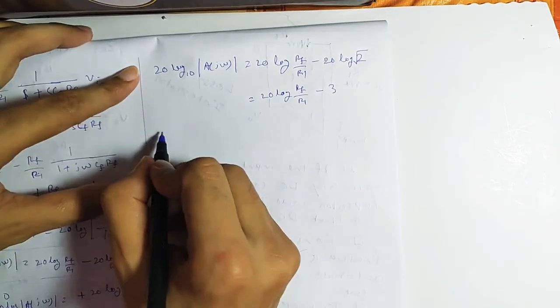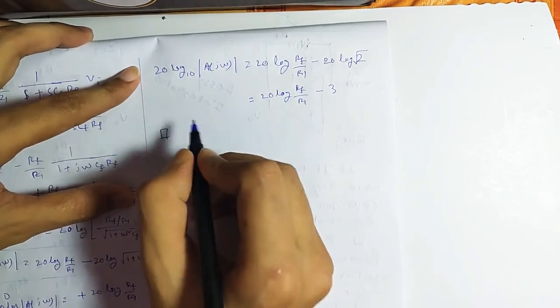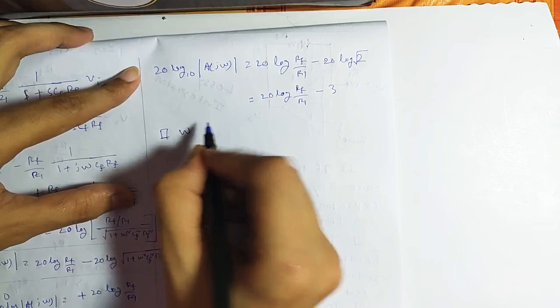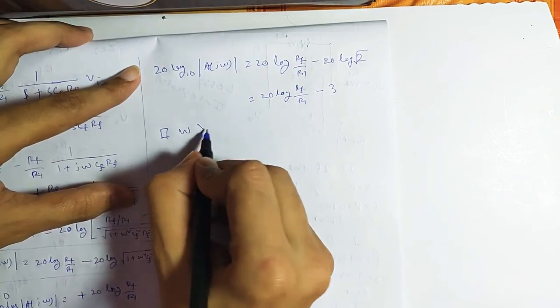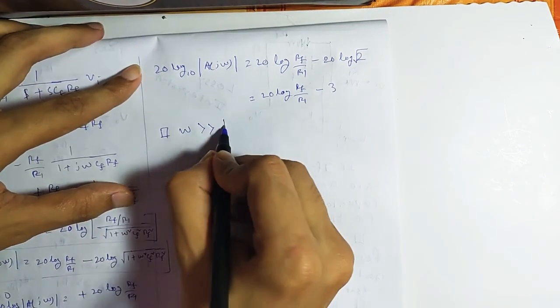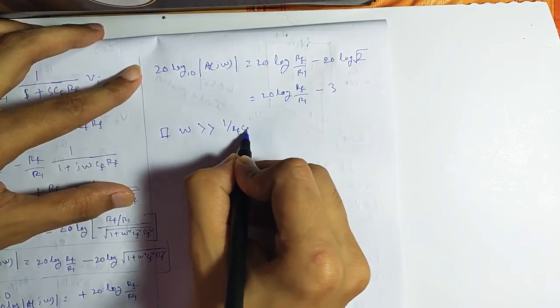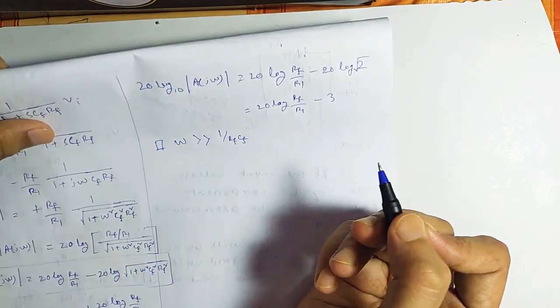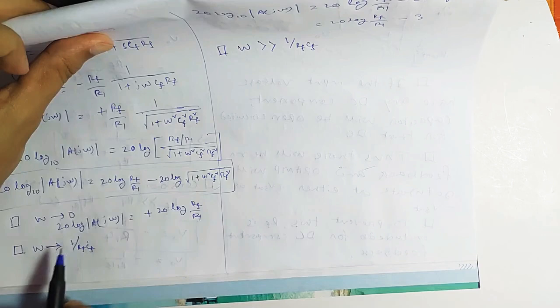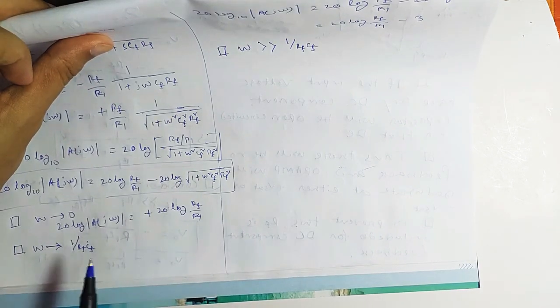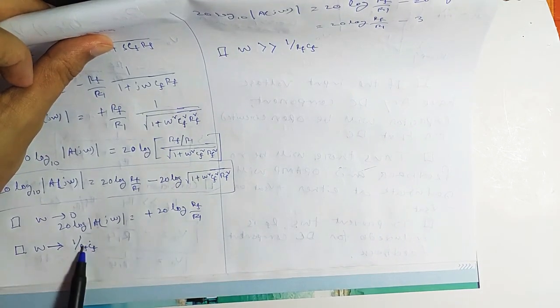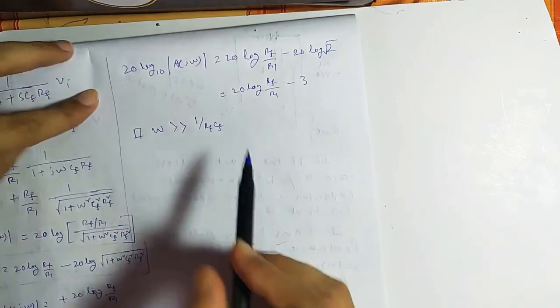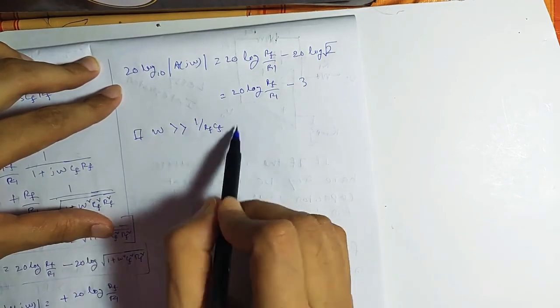And third, we'll assume omega is very large, omega much greater than 1 by Rf Cf. In the second case we considered omega as 1 by Rf Cf, and in the third case omega is much greater than 1 by Rf Cf.